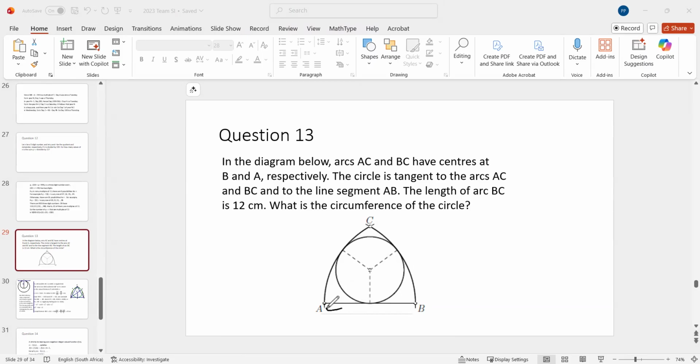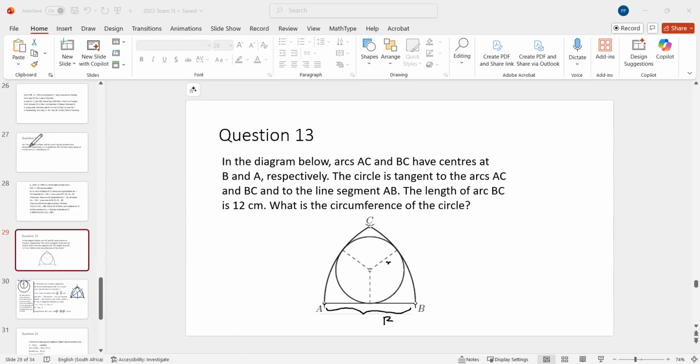Let's call this radius capital R, because I've got another small radius here, which you can call small r. Small radius and a big radius. So the radius of this arc is that, and they say the center of this arc is B. So this R is also the radius of this arc here. So these two arcs have the same radius.